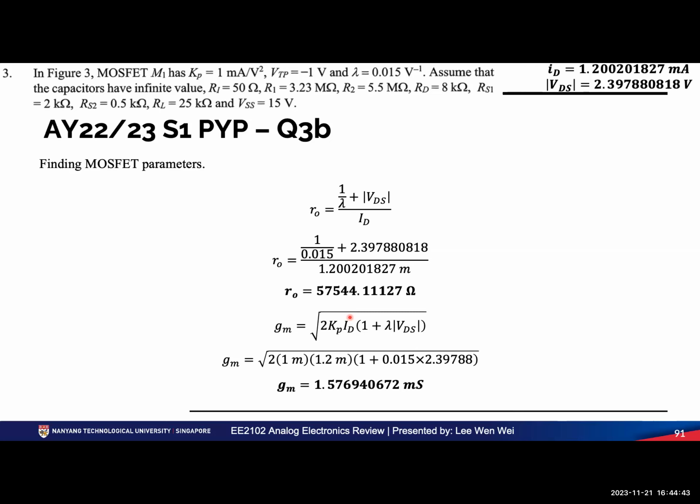R0 is 1 over lambda plus VDS over gm. gm is 2K(VSG minus Vt) times 1 plus lambda VDS. Lambda is 0.015.